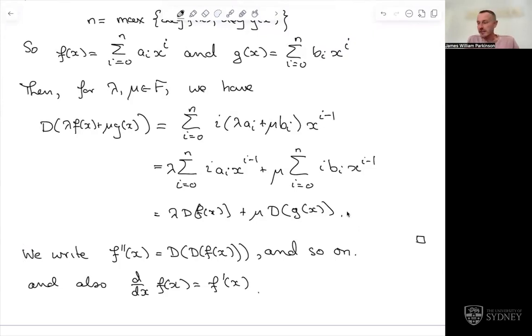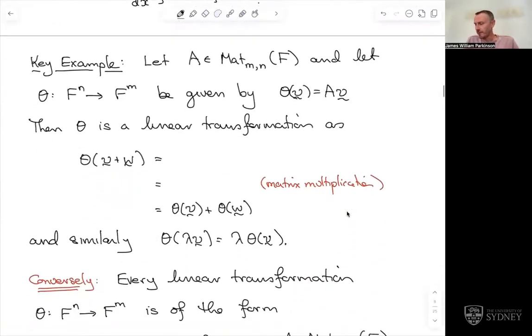But now we'll get to the key example. So let A be an M by N matrix with entries in our field, and let theta be given by theta of V equals A times V. Then theta is a linear transformation, and this is really what we did for the rotation example, because this is just A times V plus W, and that's AV plus AW.